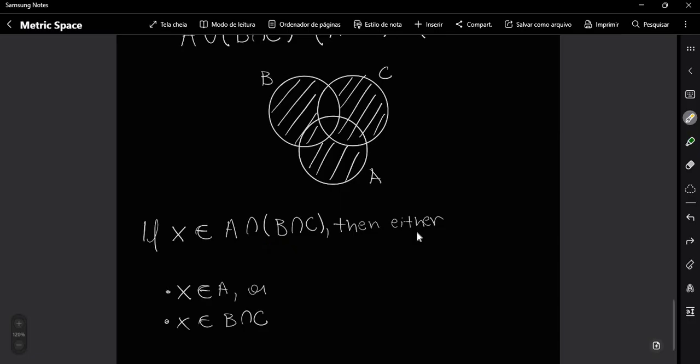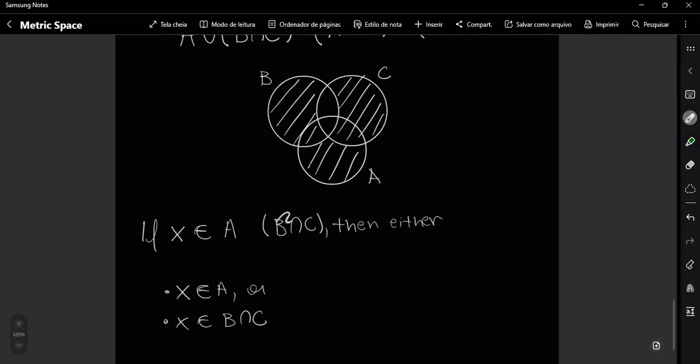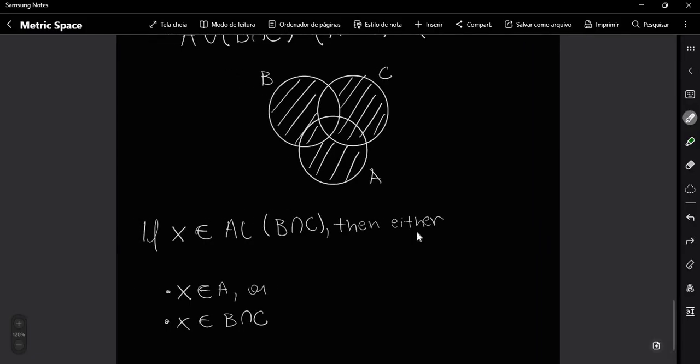A set A in union with, sorry, right here is a union. So where we place this element x on a set A in a union with the intersection between the sets B and C.